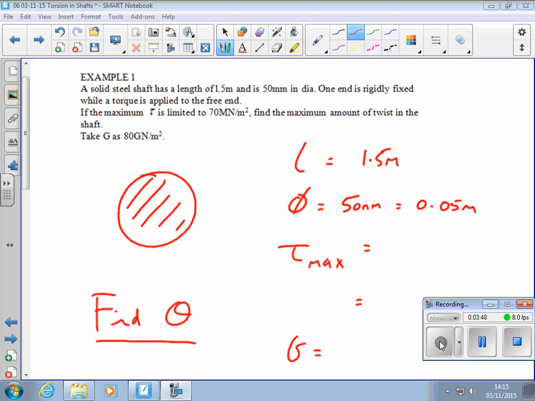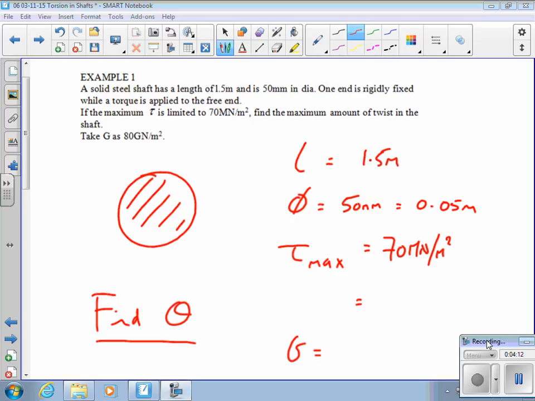So putting the values in: length 1.5, diameter 50 millimeters, which is 0.05 meters. Tau max, what's that? Do I need to do anything with that? Yes. Mega newtons, times 10 to the 6.